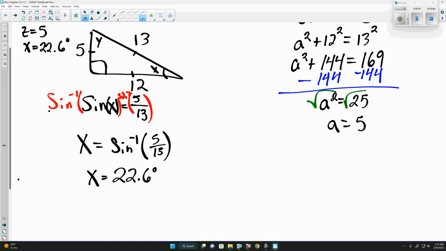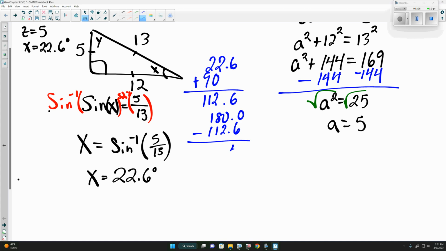Now we add 22.6 plus 90 degrees, which is 112.6, and then subtract that from 180, giving 67.4.